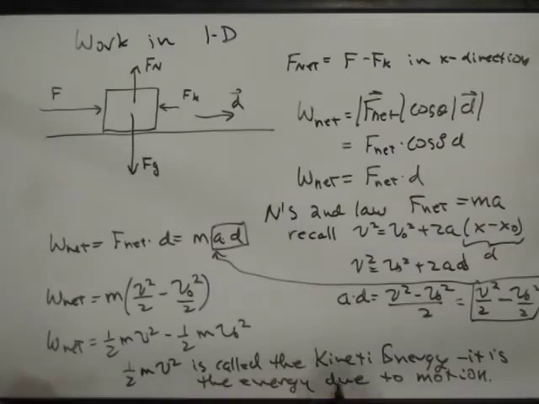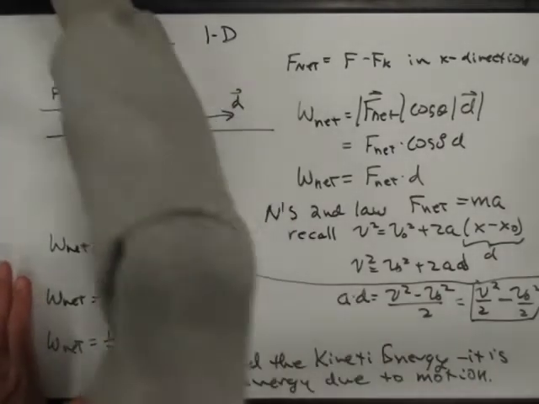One half mv squared is called the kinetic energy. It's the energy due to motion.